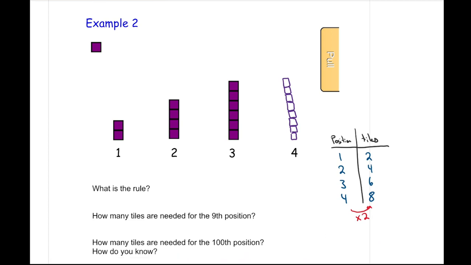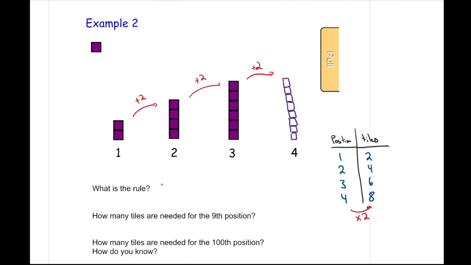Another way we could see that is that if we look at our pattern, it's increasing by 2 tiles every time. So that's another way that we can figure out our multiplier. What does it increase by each time? And that's what I was kind of alluding to back when we talked about the multiplier.